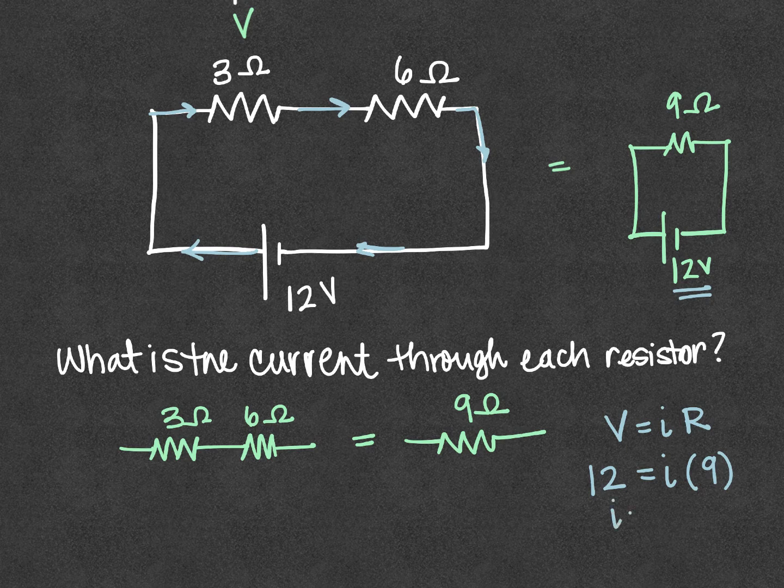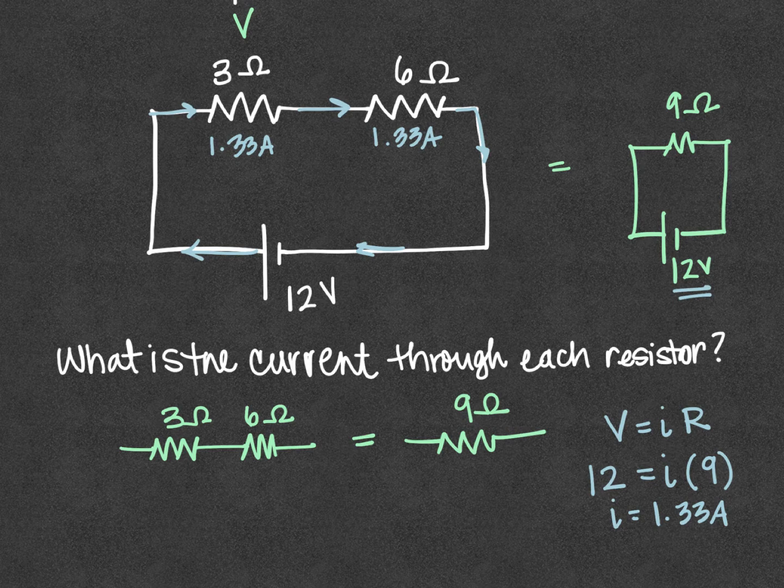So then our current would be 1.33 amps. So this means that the current through the 3 ohm resistor is 1.33 amps. And the current through the 6 ohm resistor is 1.33 amps also.